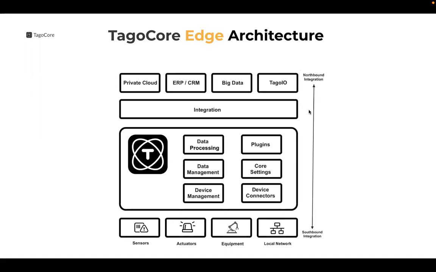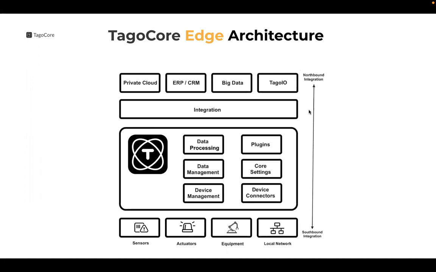You can also manage data, manage the TagoCore settings, and also manage your digital representation of your physical device. And last but not least, you can also mess around with connectors. So stuff like different types of connectors and different types of networks, you can do all of that in TagoCore.